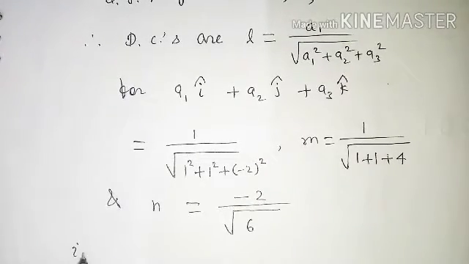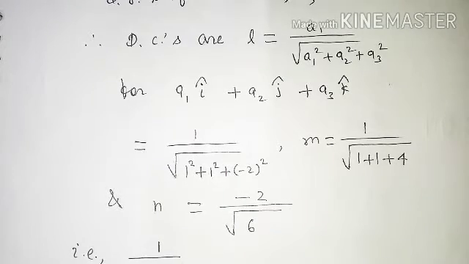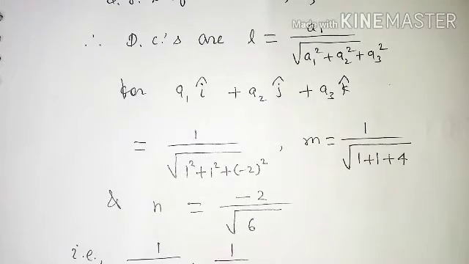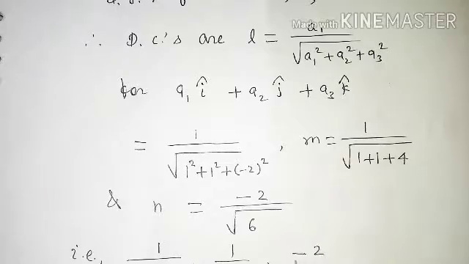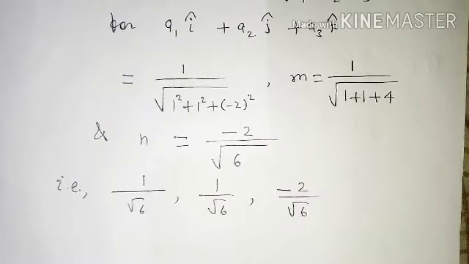So we have 1 by root 6, 1 by root 6, minus 2 by root 6. These are the direction cosines of the given vector.